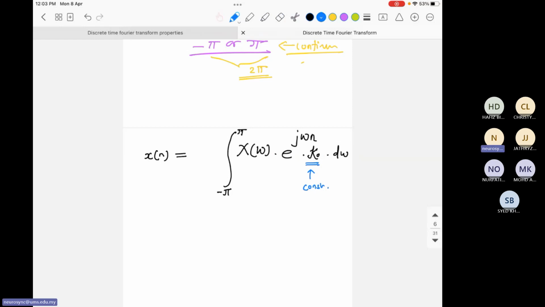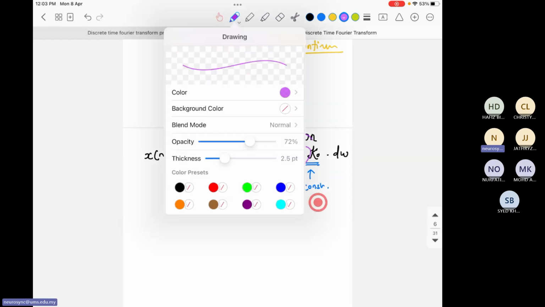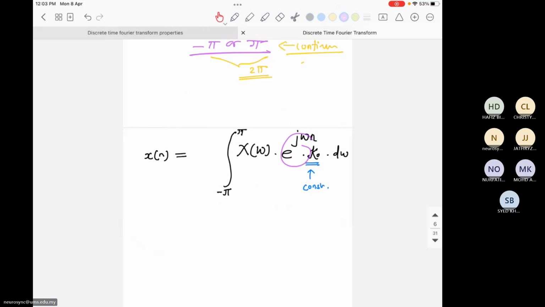This is the unit vector. And this is the continuous component of the system. Therefore, we are integrating this.